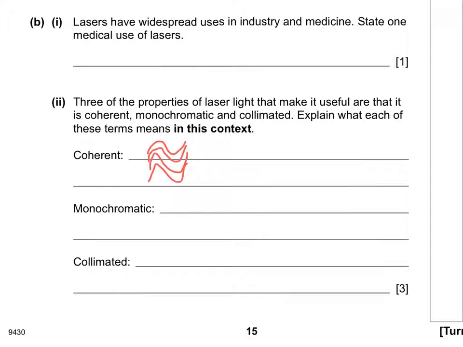Monochromatic is a single color, and that means that there'll be only one lambda present. And collimated is the idea that it's not diverging. You've got flat waves, and so you've got a non-diverging beam.